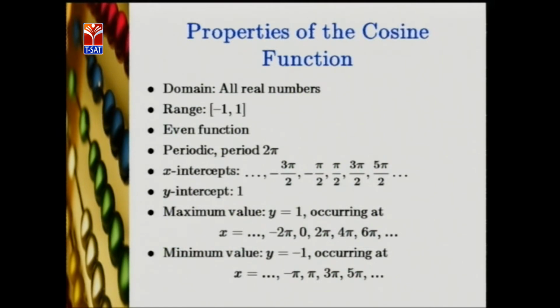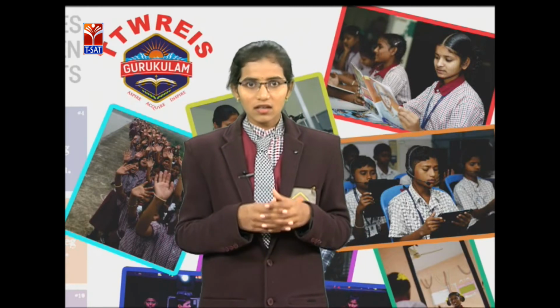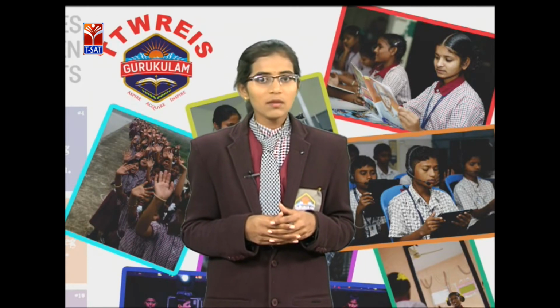Coming to the minimum value, the minimum value of the cosine function is minus 1, which occurs at every odd multiple of pi. So at every even multiple of pi, we get the maximum value, and at every odd multiple of pi, we get the minimum value.